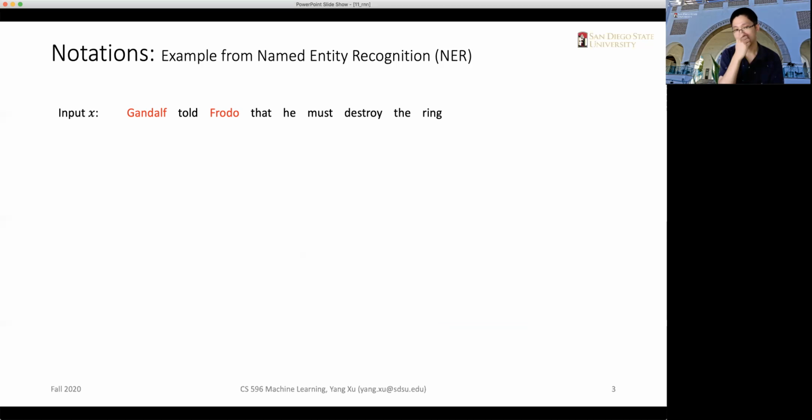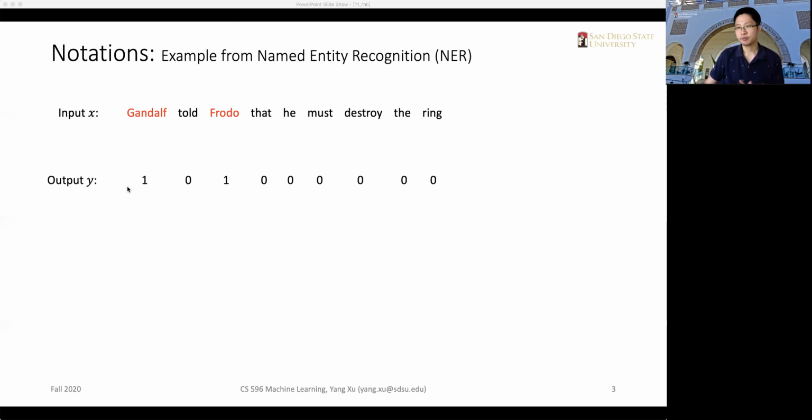Gandalf told Frodo that he must destroy the ring, okay? And because this is a named entity task, we want to recognize the person's names in this sentence. So ideally, the perfect output should be like this. The word Gandalf is a wizard's name, Frodo the hobbit's name, right?